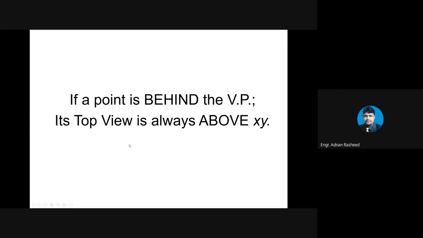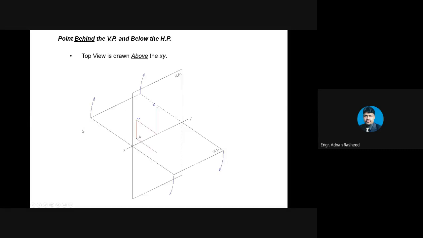So the conclusion we draw is that if a point is behind the vertical plane, its top view will always be above the XY line. And these are the three examples. In these three examples, you have seen that this point is always behind the vertical plane, so their top view will be above the XY line.